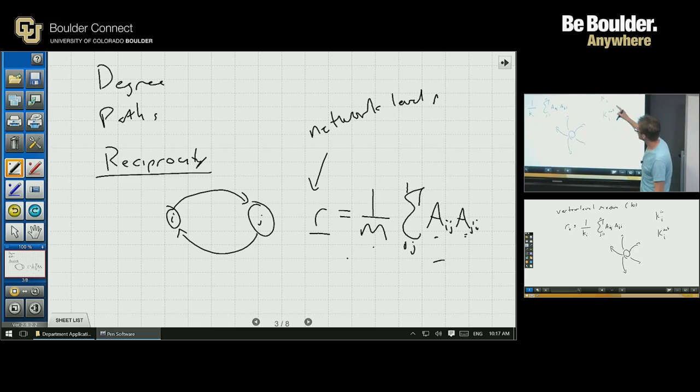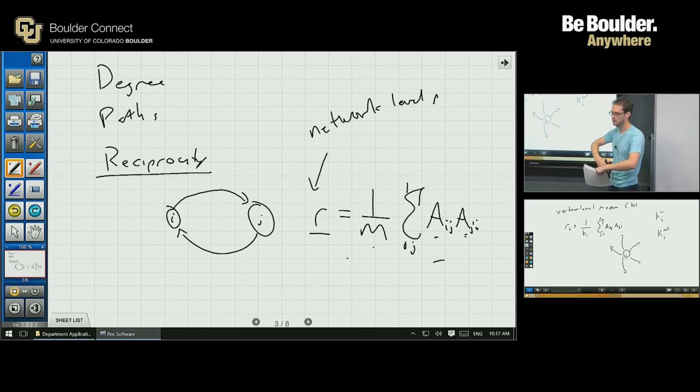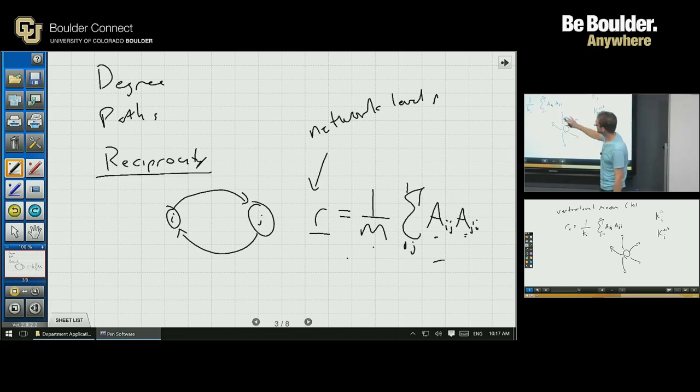Okay. So the in degree is the number of things that point at i, and the out degree is the number of things that i points to. So the reciprocity for i should be this thing, which counts the number of pairs that include i, divided by what? Should it be k in or k out?